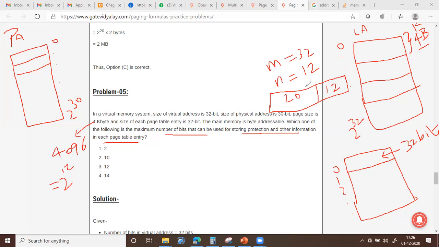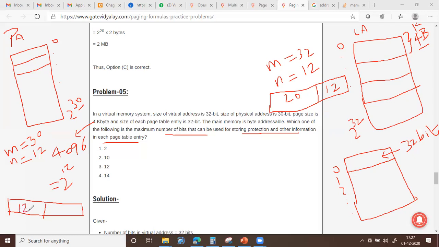But finally we want to access the physical address. Coming to the physical address, the m value is 30, and n is the same, 12. To address the physical memory, m minus n is 30 minus 12, which is 18.